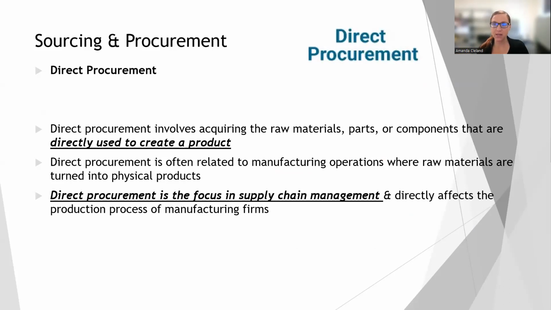So they need the semiconductors. They need the plastic for the phone body itself. They need the special glass on top. This is direct procurement. These raw materials are going to go directly in to create the product. And again, usually this is related to manufacturing or production operations where raw materials are turned into physical products. So again, direct procurement is the focus in supply chain management.